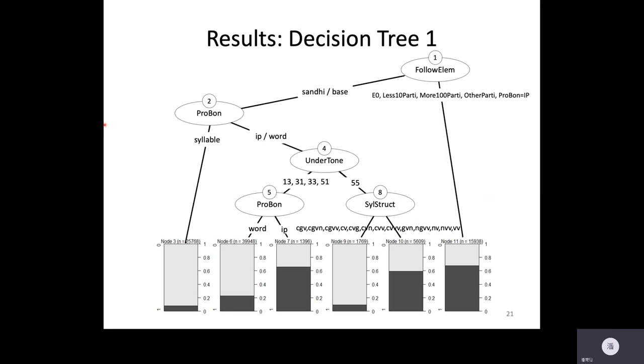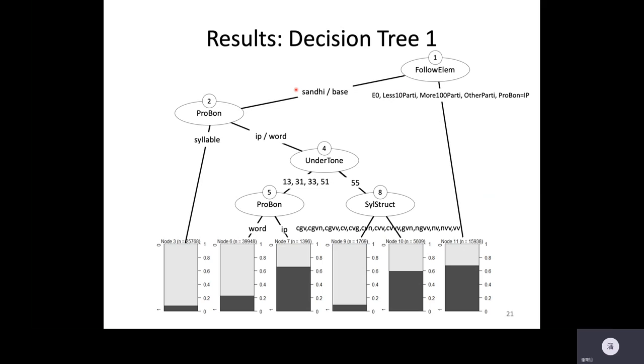Next, we will rank the importance of the morpho-syntactic, prosodic, and sociolinguistic factors. We can tell from the results of the decision tree that the most dominating factor is the following element, which includes final particles, modification marker, and the intonation phrase boundaries. The percentage of base tone produced was the highest before intonation phrase boundary, modification marker, or final particle.